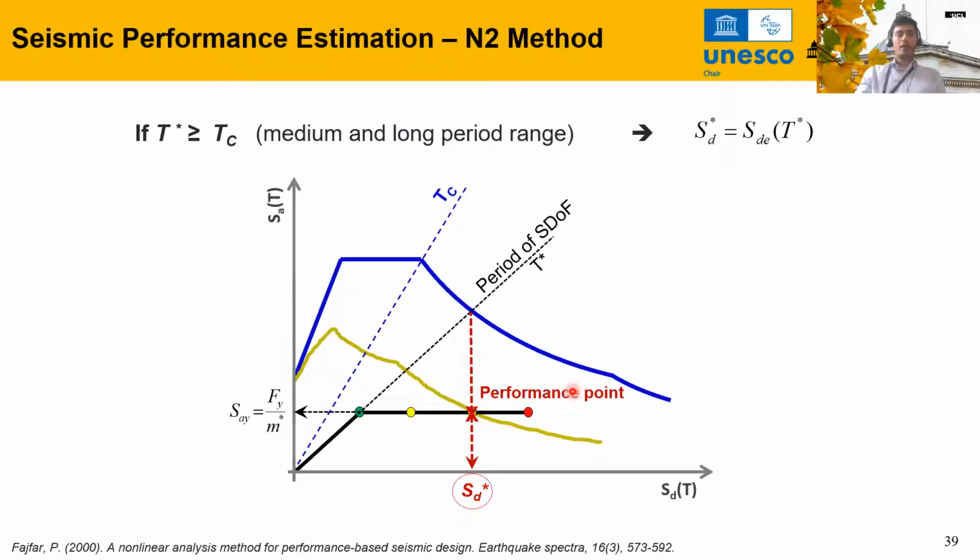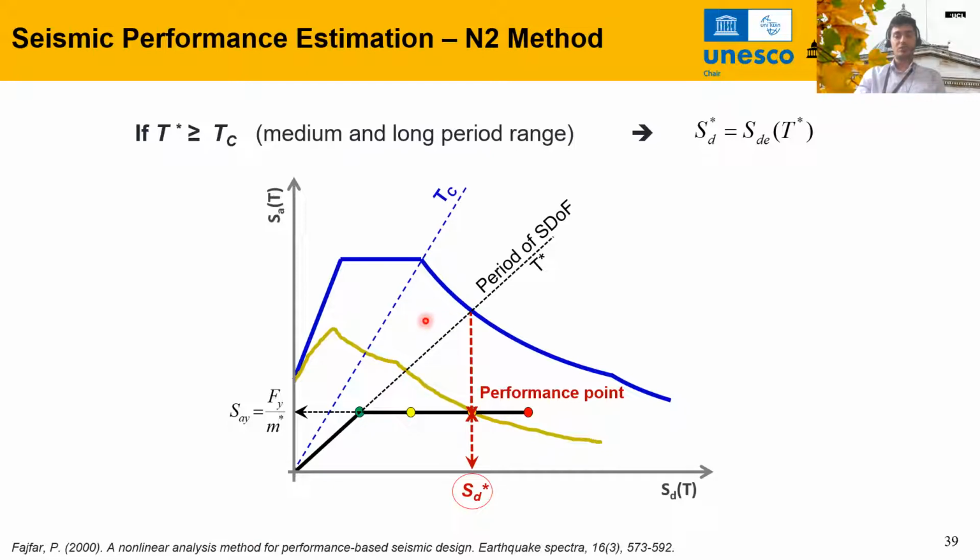Then we compare our SDF Pushover curve with the inelastic spectrum to get the performance point. And this depends on different conditions. For example, if the period of your SDF system is greater than the corner period of your given ground motion or code spectra, and so on.